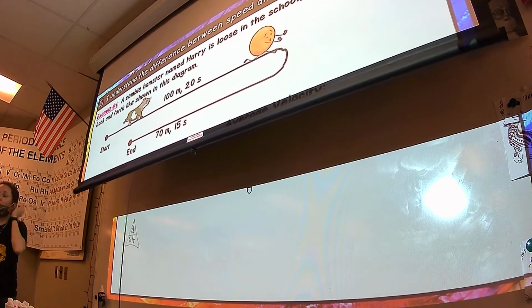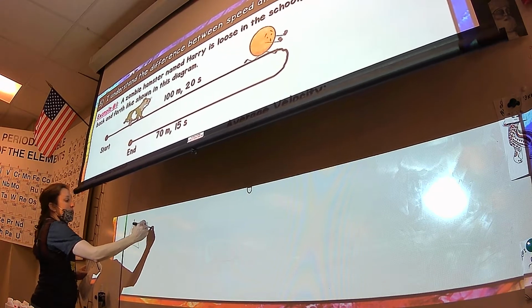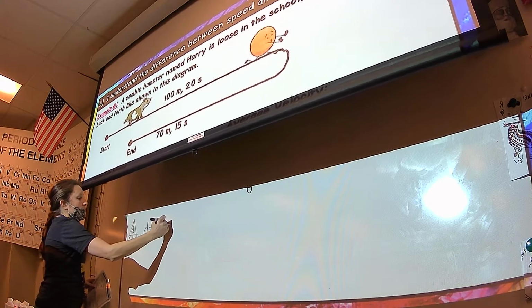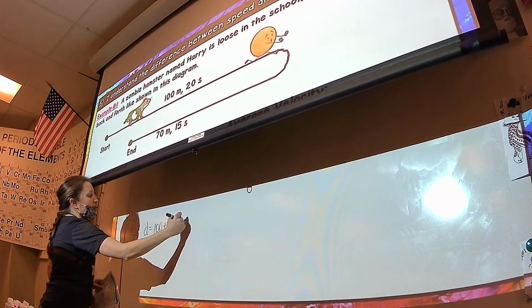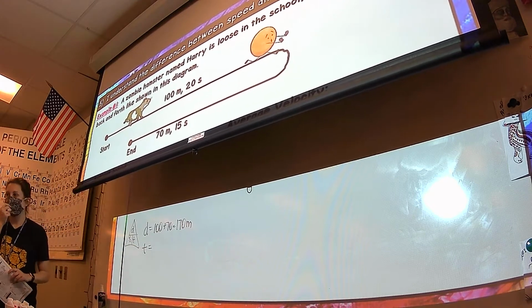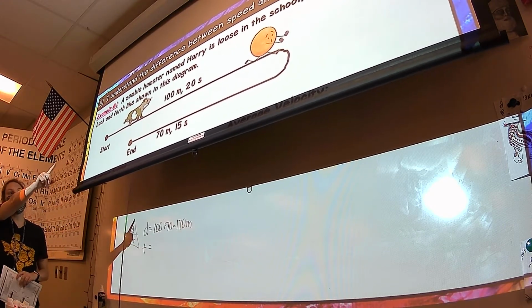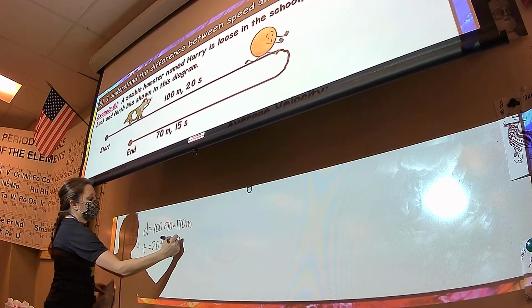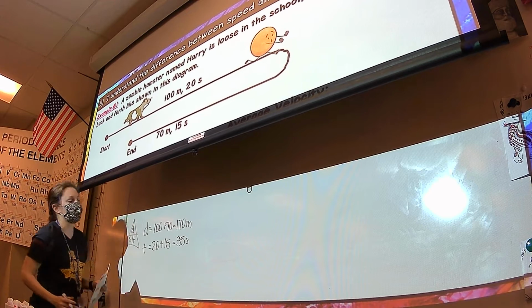Distance and time. So our distance is going to be 100 plus 70. So our distance is 170 meters. Our time is 20 seconds plus 15 seconds. So we have 35 seconds.